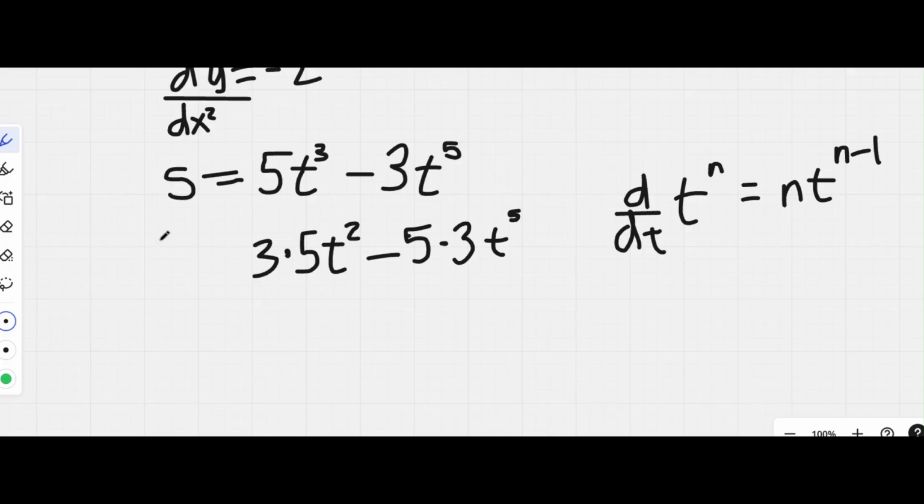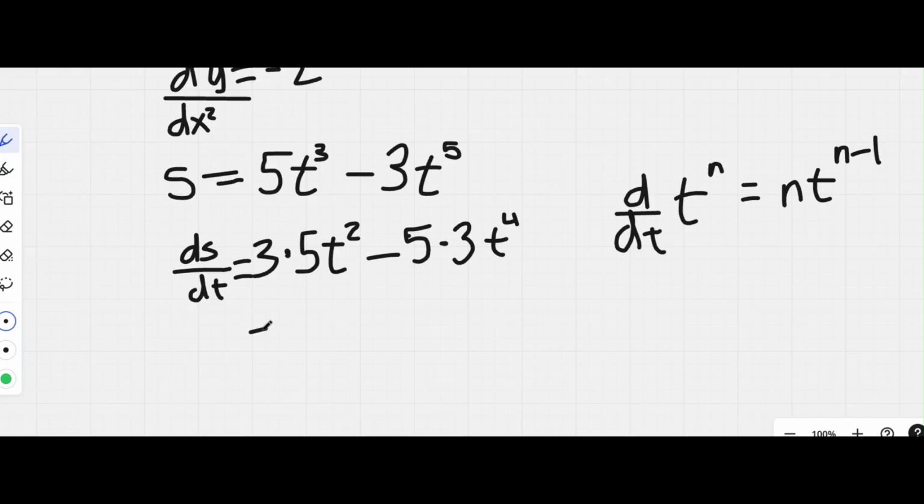And we're going to simplify that. So ds over dt is equal to 3 times 5t to the second power minus 5 times 3t to the fourth power. That should be a 4 there, not a 5, because it's n minus 1, and 5 minus 1 is equal to 4.